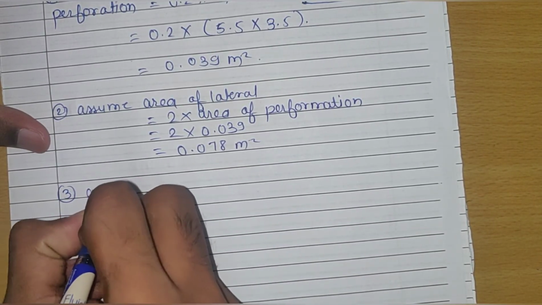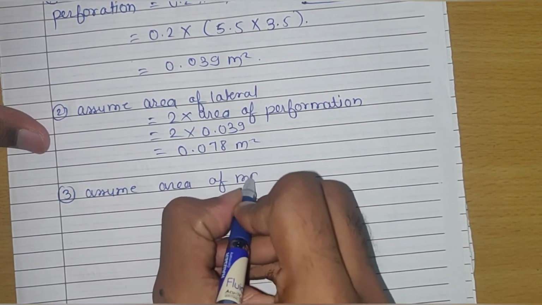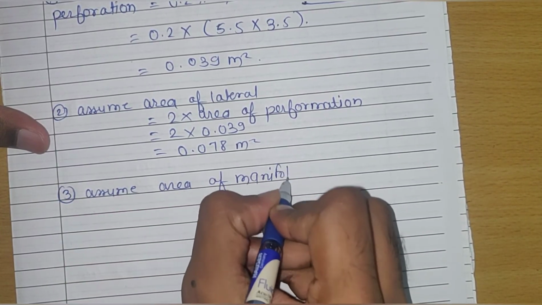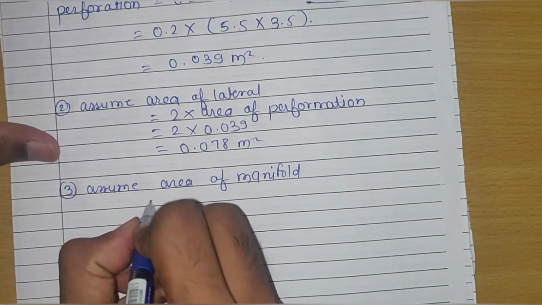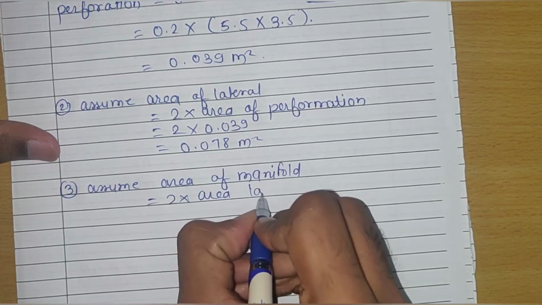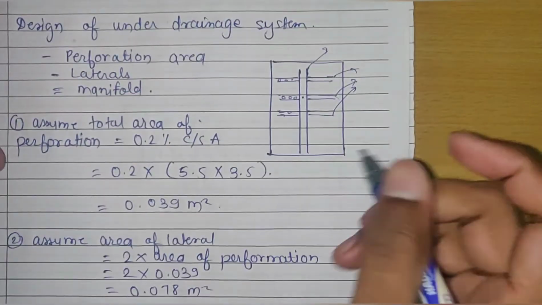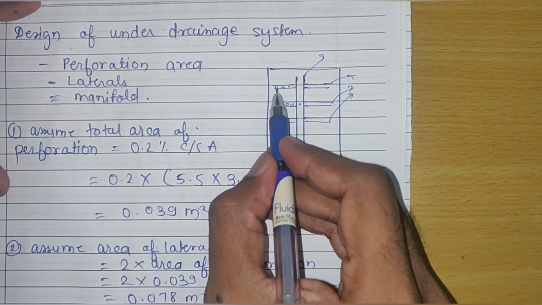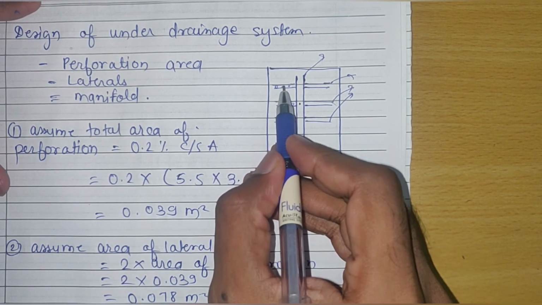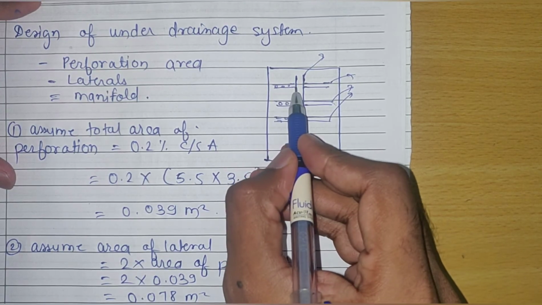And the area of the manifold will be twice the area of lateral. Why is it taken as twice? Because the water from the perforations will go to the lateral, and the water present in the lateral will go to the manifold.